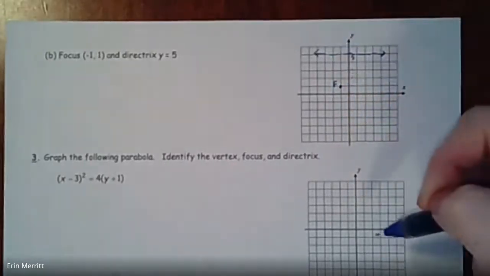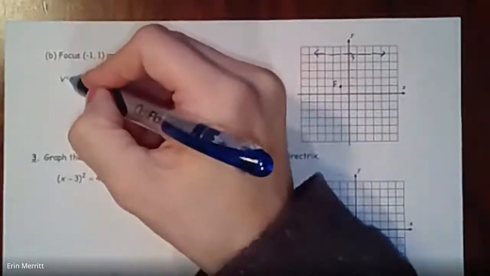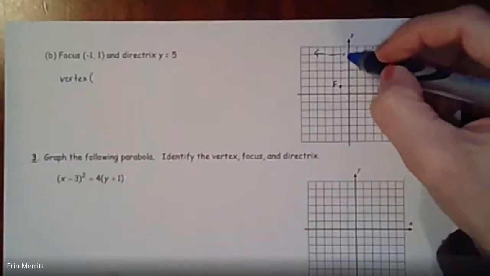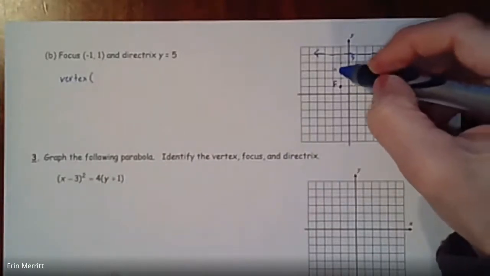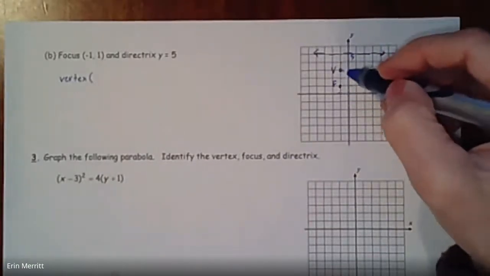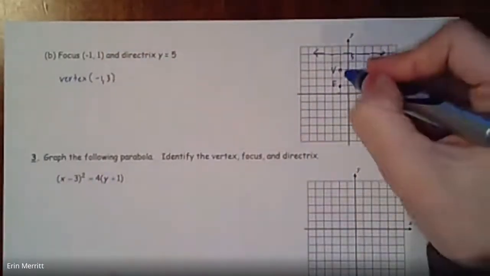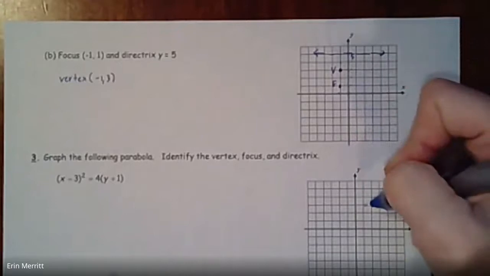So right off the bat, I know my vertex is halfway between those. So if it's a distance of 1, 2, 3, 4, I'm going halfway to 2. So that's the point -1, 3. That tells me my parabola opens down because it's going to hug the focus.